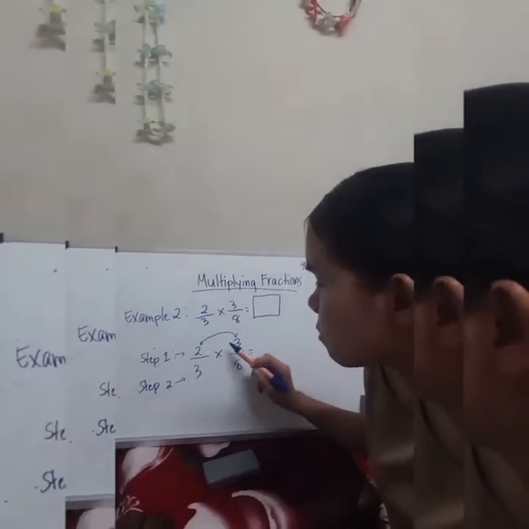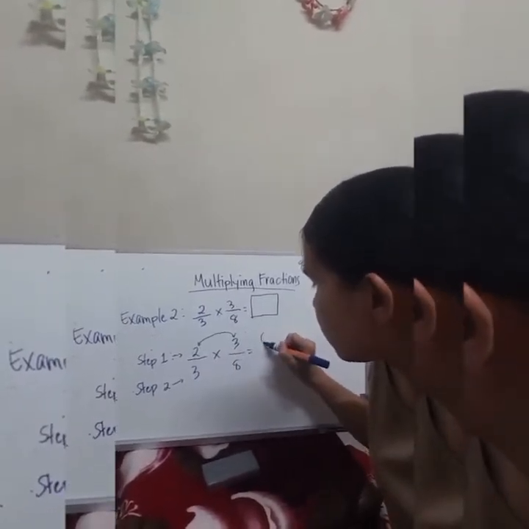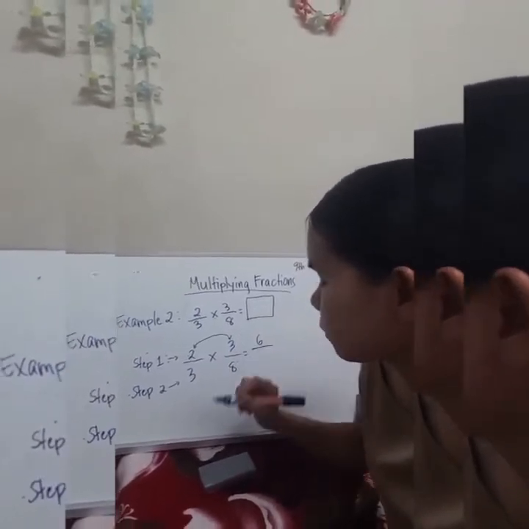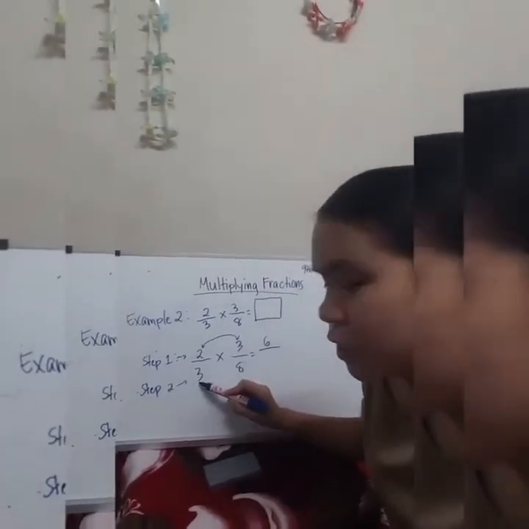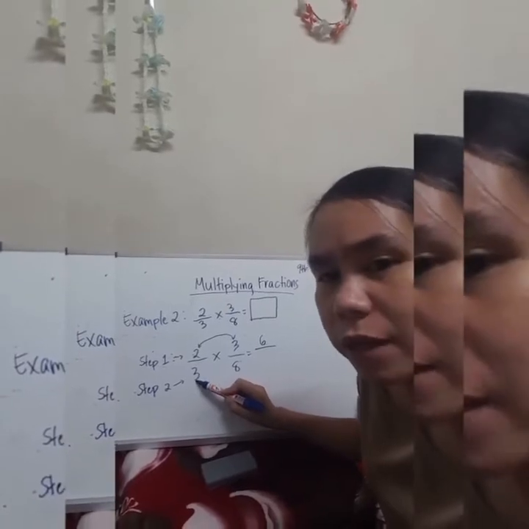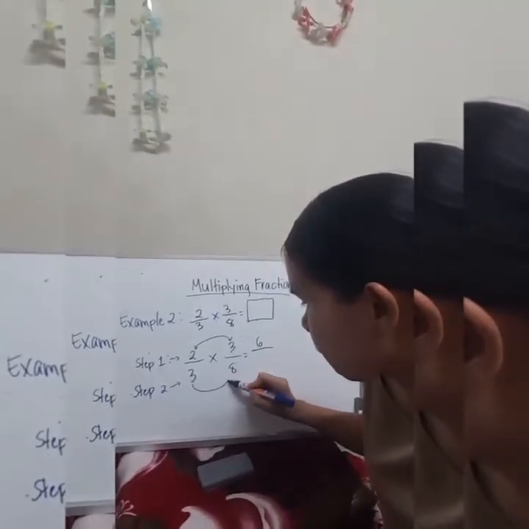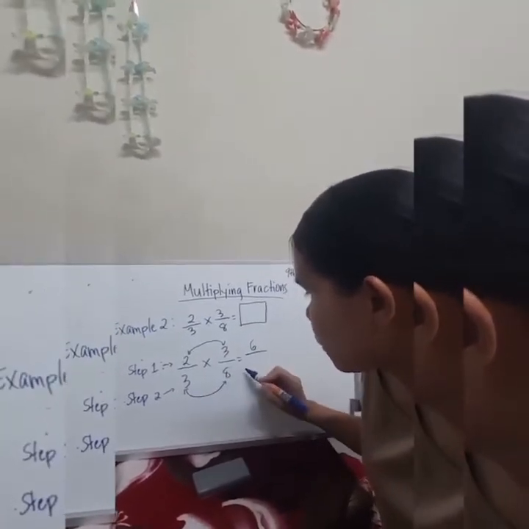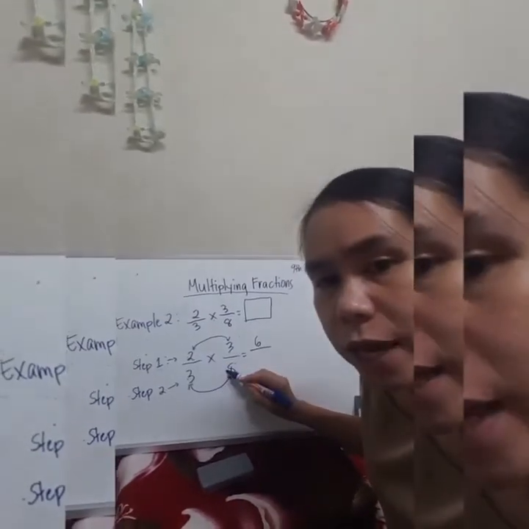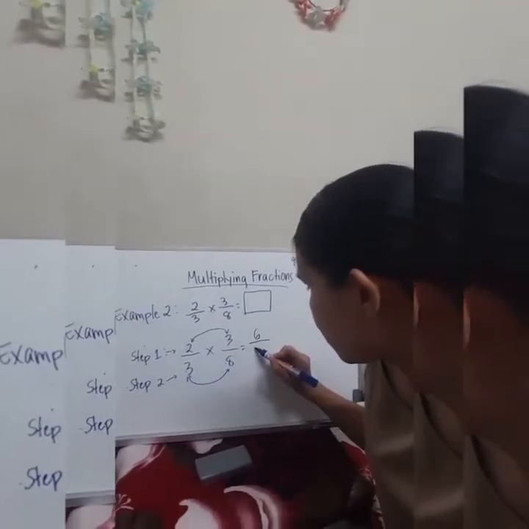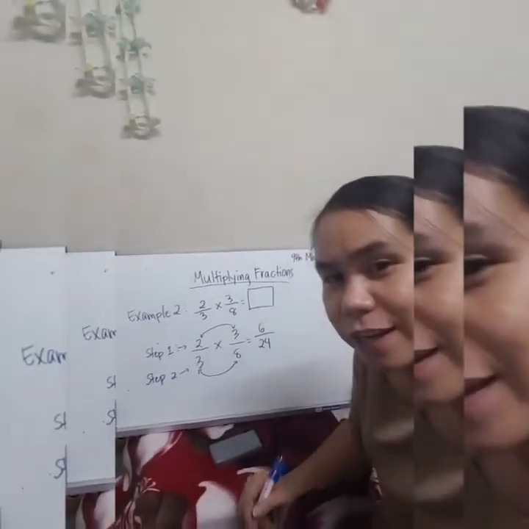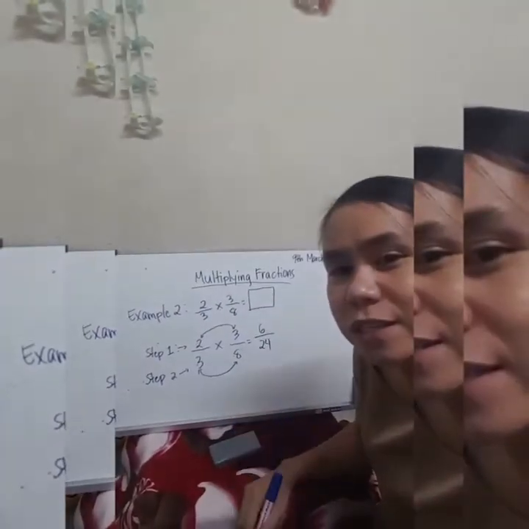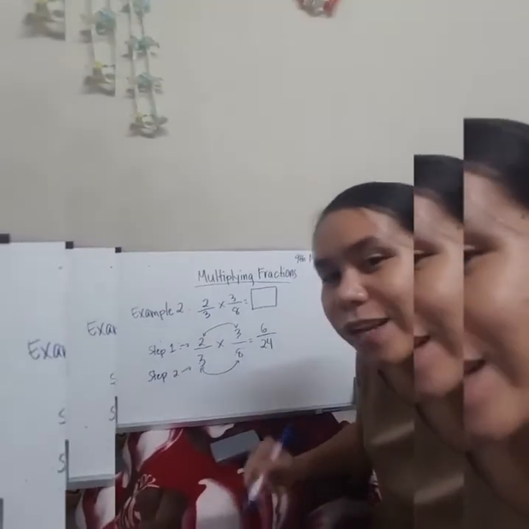So 2 times 3 equals 6. Step 2, multiplying denominator by the denominator. So 3 times 8 is 24.